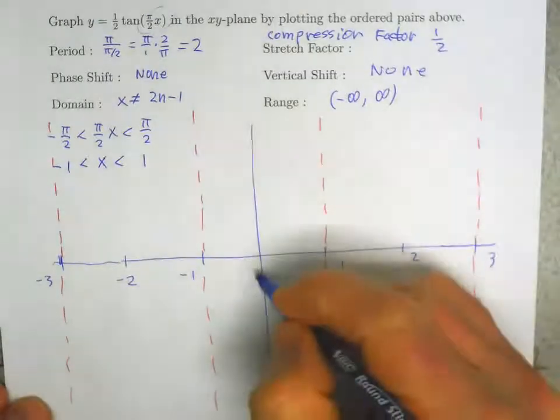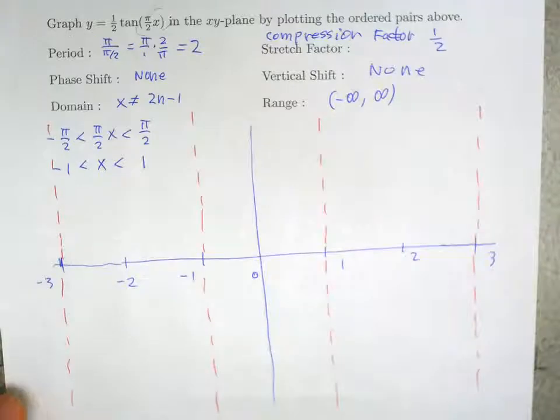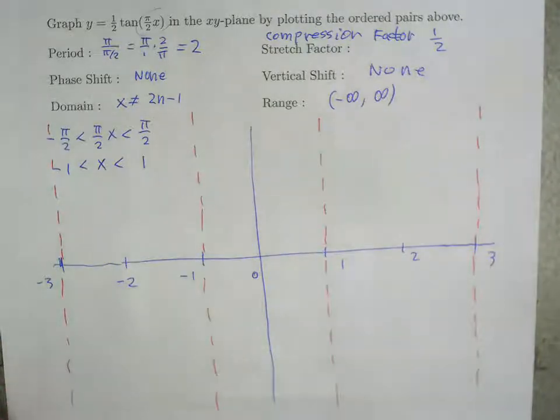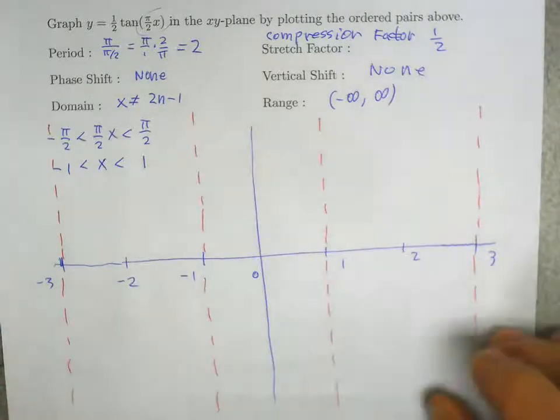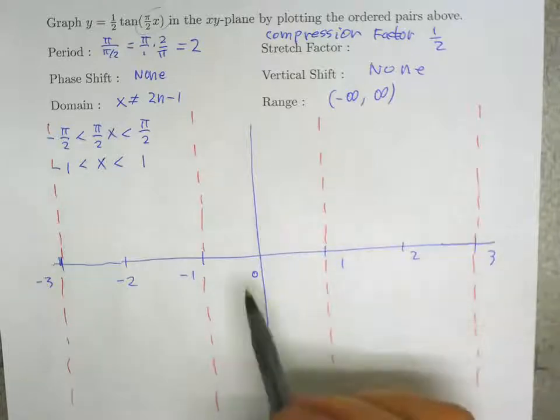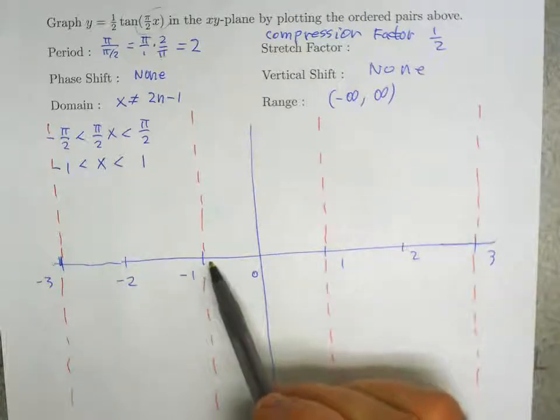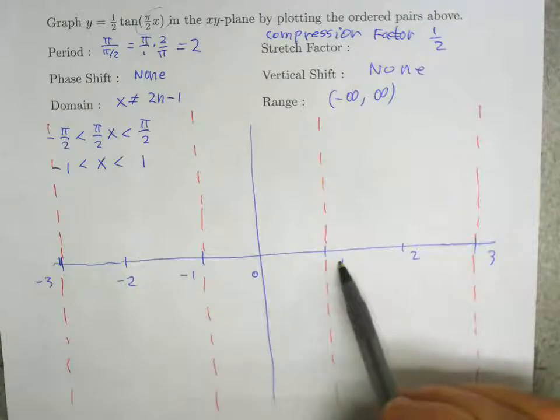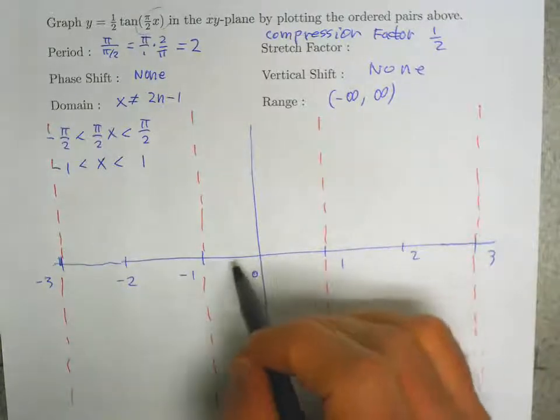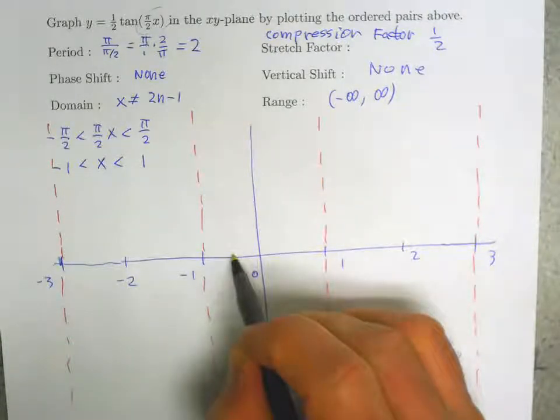Okay, so we have 0 right in the middle. So if we look at the period between -1 and 1, we'll subdivide this into 4 parts again.